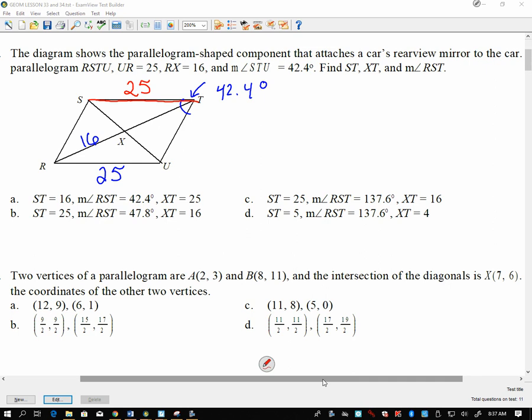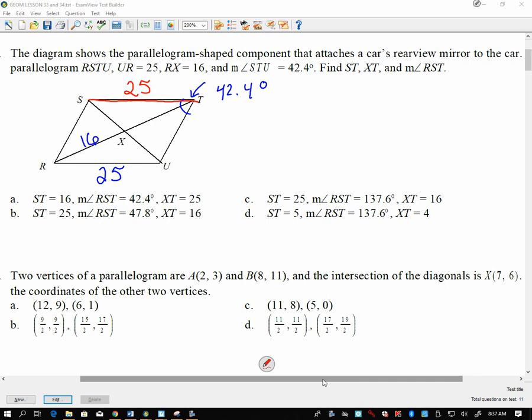Is it opposite angles are congruent? Well, I mean, ST, is that an angle? No, it's a side. Okay, so we're looking for a rule that involves sides, right? Opposite sides are congruent. Good. Okay. ST is 25 because the side opposite of it is RU, and they told me that this was a parallelogram, right?